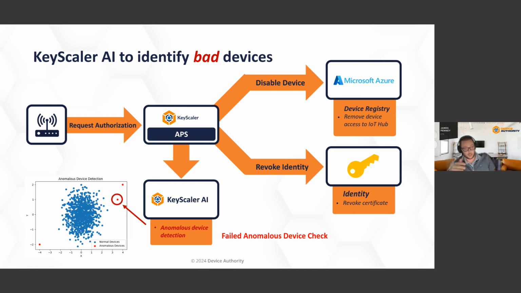inject or integrate with other third-party vendors and get data from other parts of the system. Maybe your anomalous device check is good, but you maybe only do that one on registration, but let's say your software stack for some reason is different. You could also inject an SBOM validation.